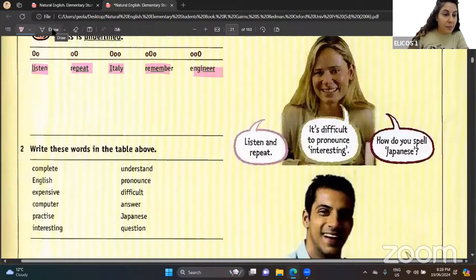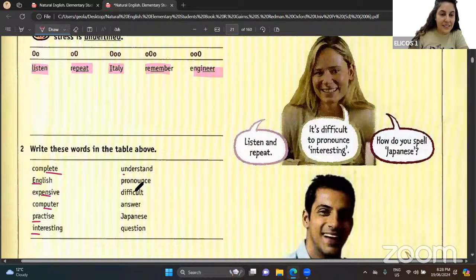If I say complete. Complete. So it's English. Expensive. Computer. Practice. Interesting. Understand.